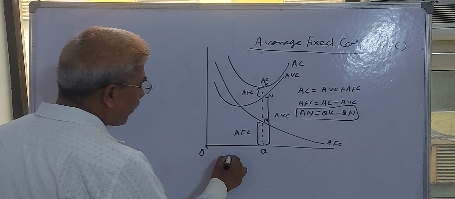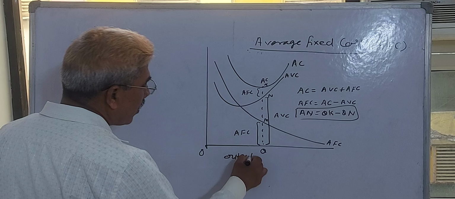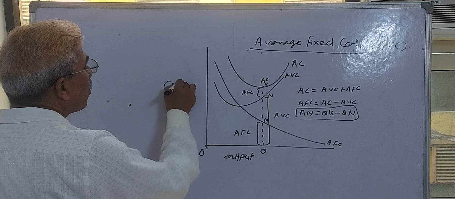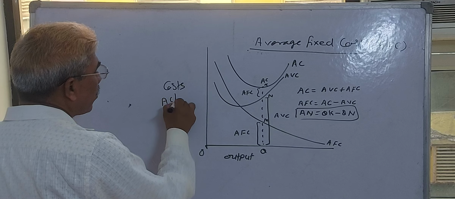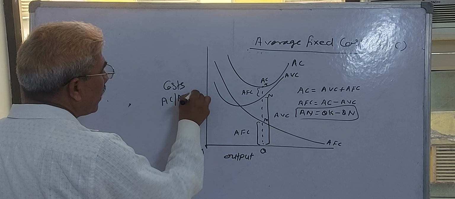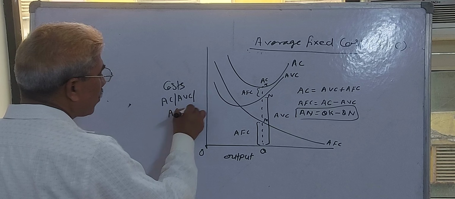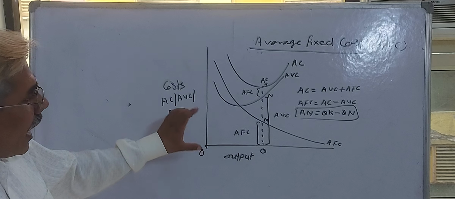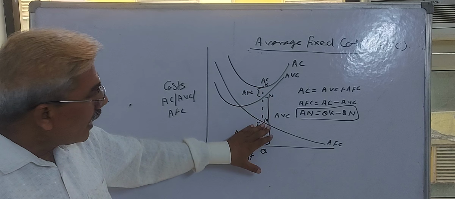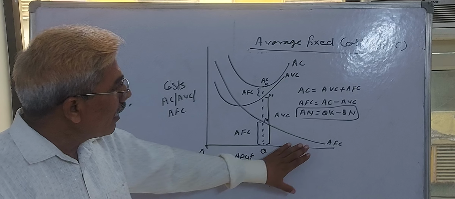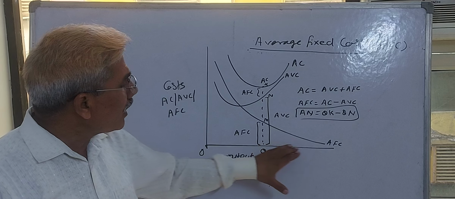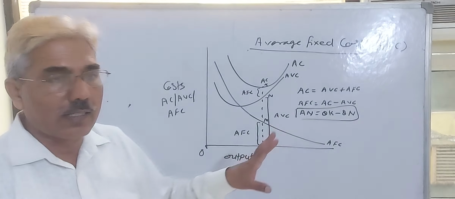This is output, this is costs: average cost, average variable cost, average fixed cost. This diagram you have to keep in mind. When the output is increasing, average fixed cost seems to touch the x-axis but never touches.